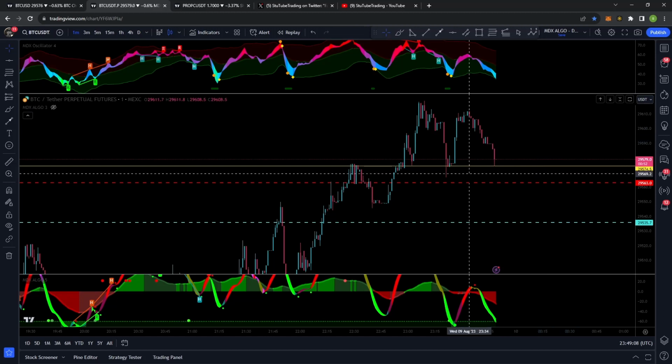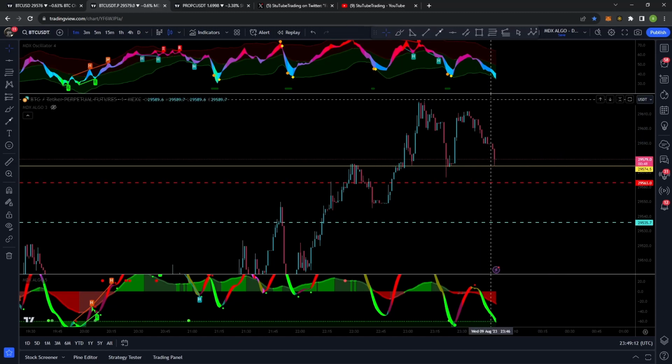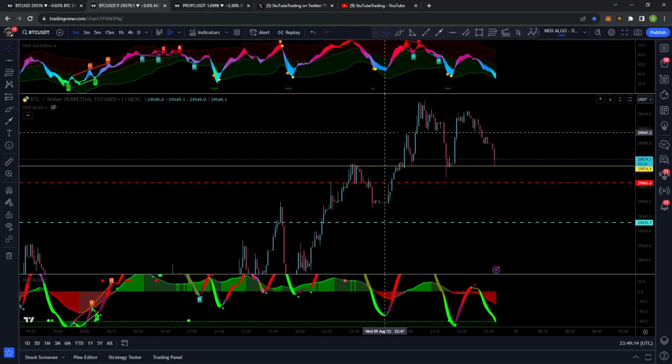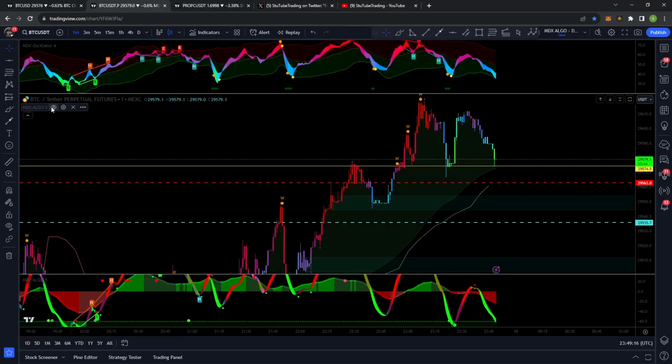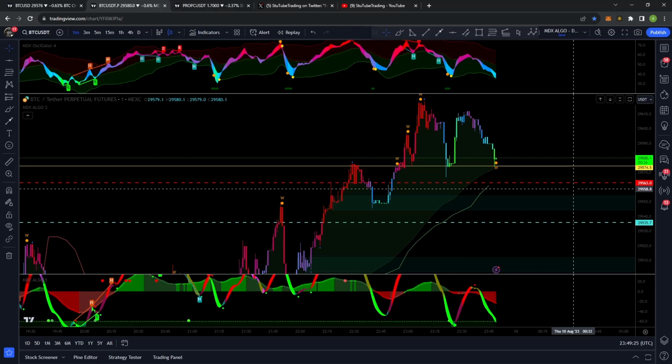I have a feeling I'll be out of my long soon, and then hopefully find a new one. Actually going to lower my stop loss just slightly, just to be below that 5-minute trend a little bit.